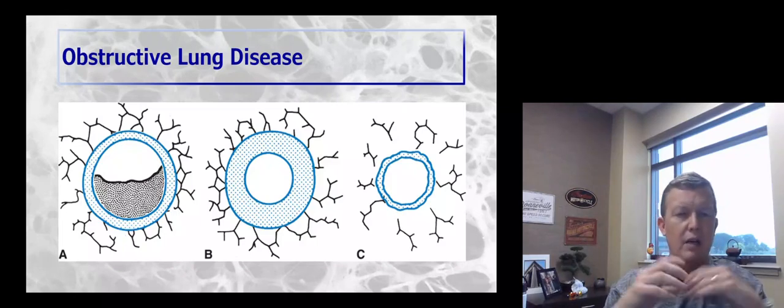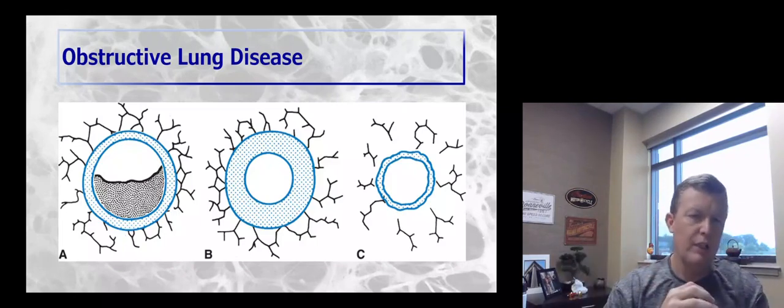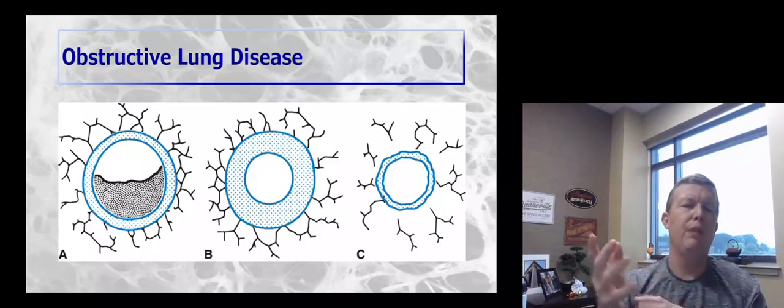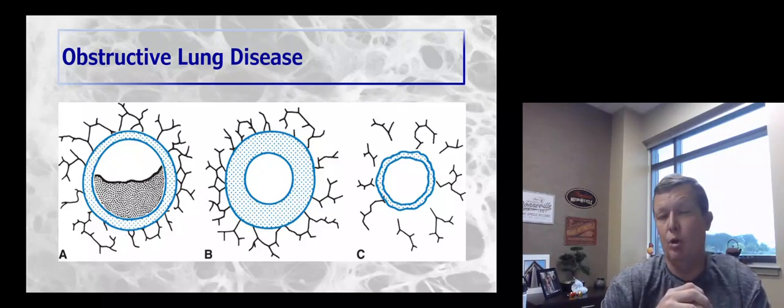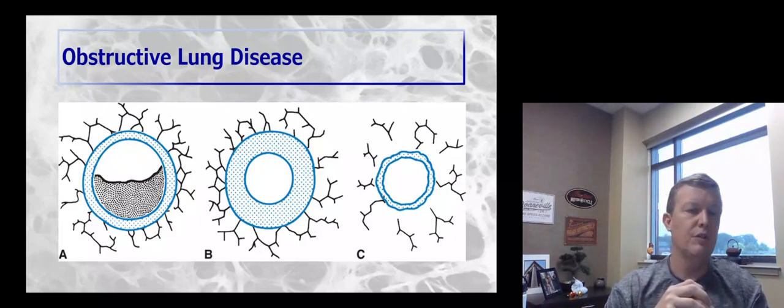The black lines that come off of that look like tree branches or blades of grass, whatever you think of there. Those black lines represent connective tissue, and I'll tell you that they represent what would be normal connective tissue. So in example A, the connective tissue is fine.